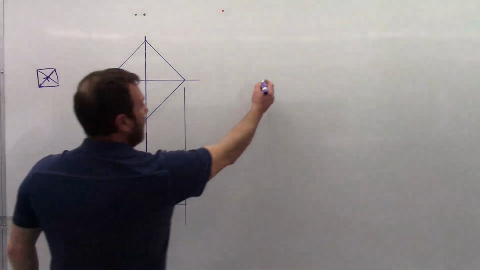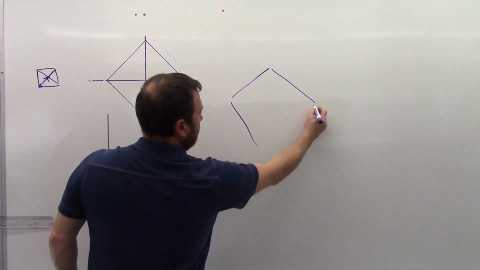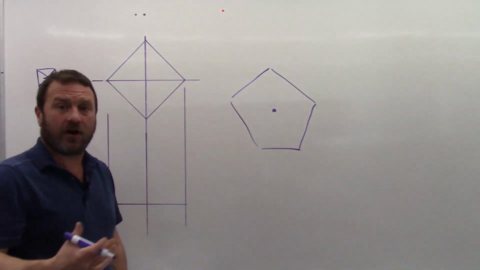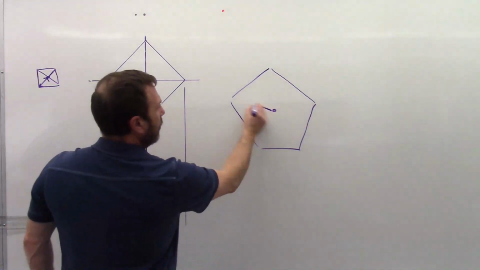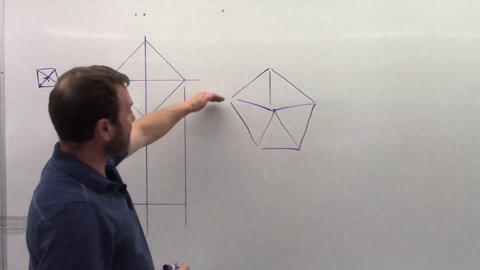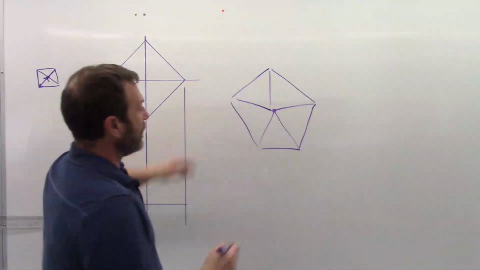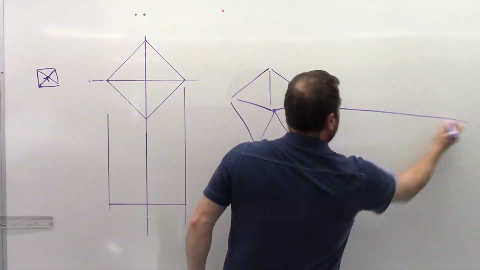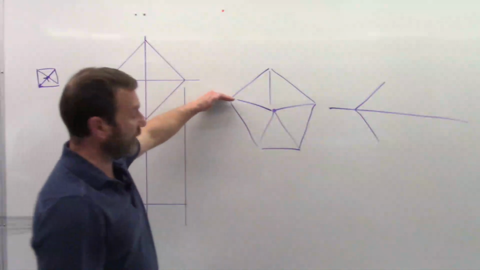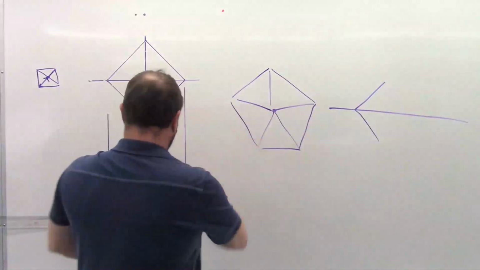Even if it was like a pentagon, we could do a pentagon with radial line. All of these points come out. Remember, it doesn't matter the shape of the base. But what does matter is one of these points is 90 degrees at the x-axis. So we'd actually need to rotate the pentagon so that one point, and it would only be one side would be flat because this side would rotate up.